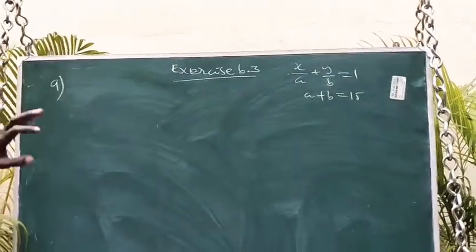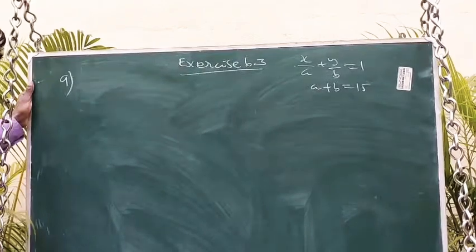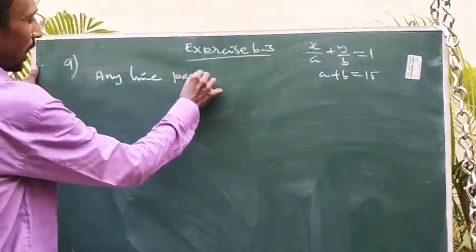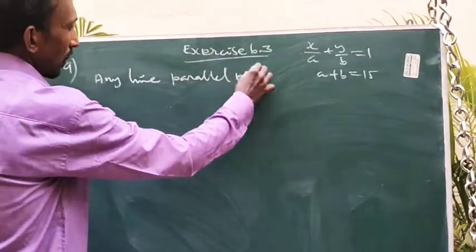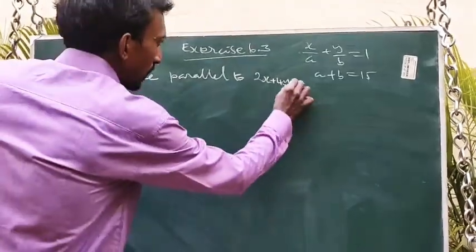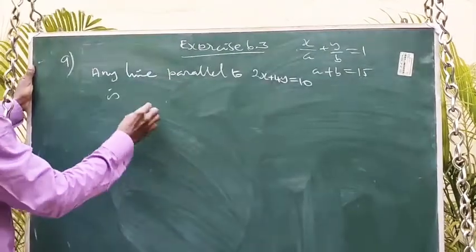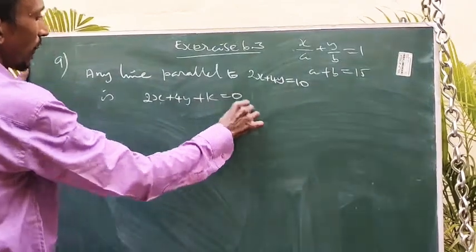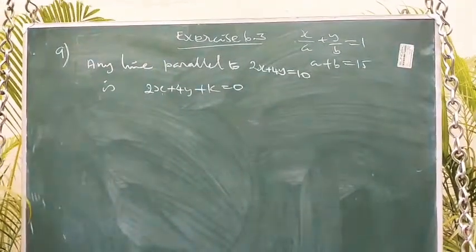Okay, so it is initially given, and as usual any line parallel to 2x plus 3y equal to 10 is 2x plus 3y plus some other constant equal to 0. Parallel lines differ only by constant terms.